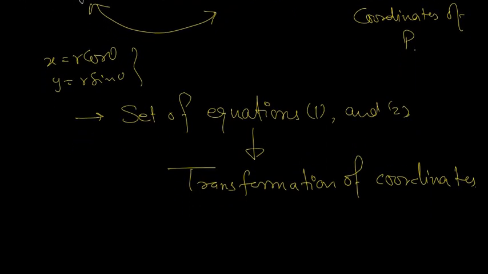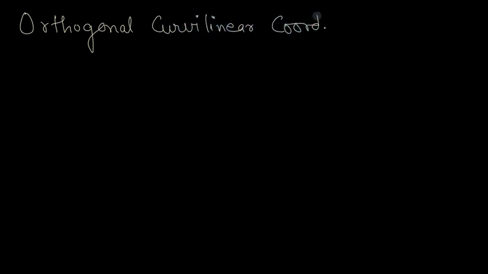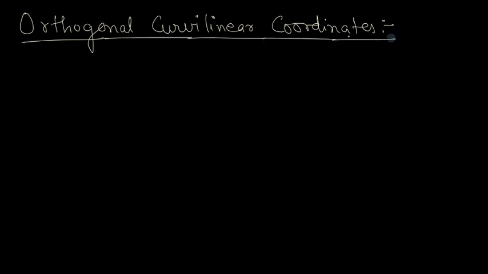Now we are going to deal with a specific kind of transformation of coordinates. Here the topic starts: orthogonal curvilinear coordinates. Now I think curvilinear has a better picture in your mind: there exist some relations between the old coordinates and the new coordinates, which we are going to define.